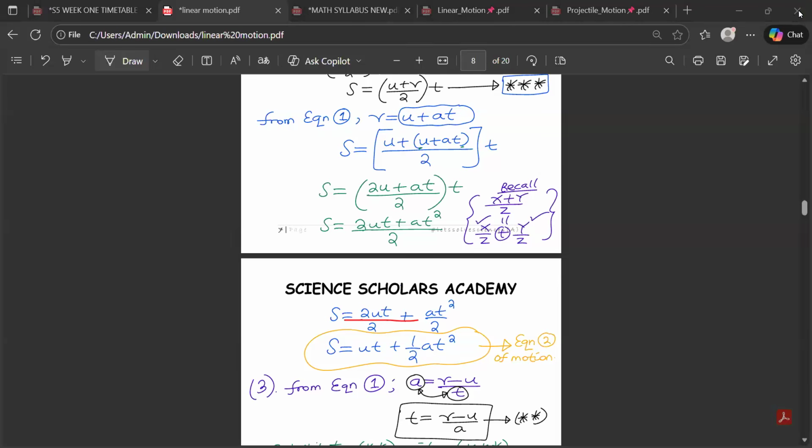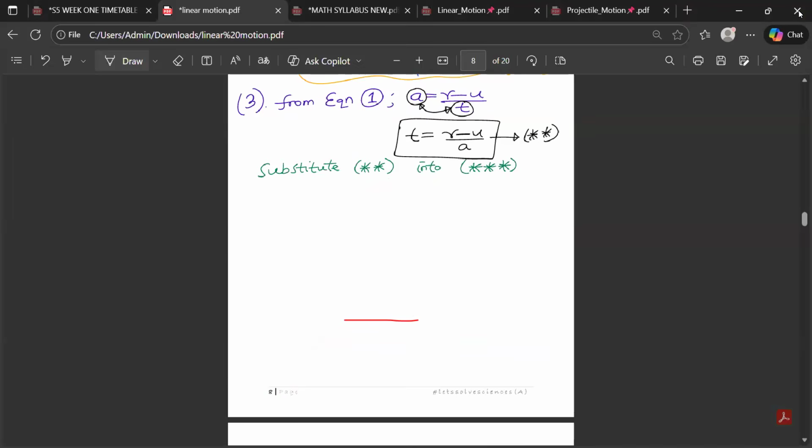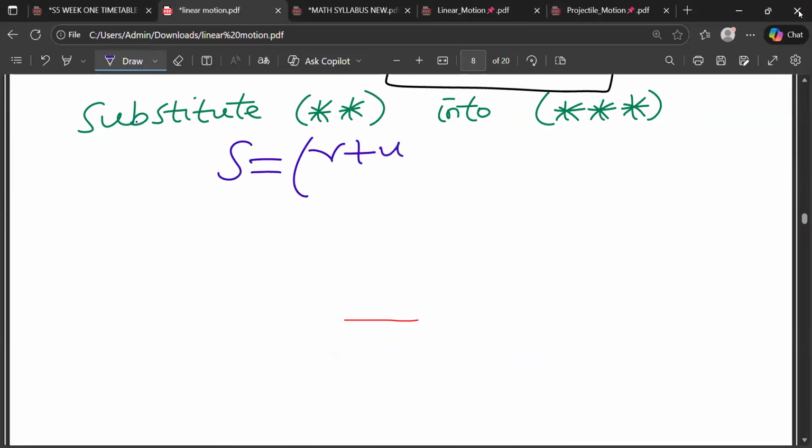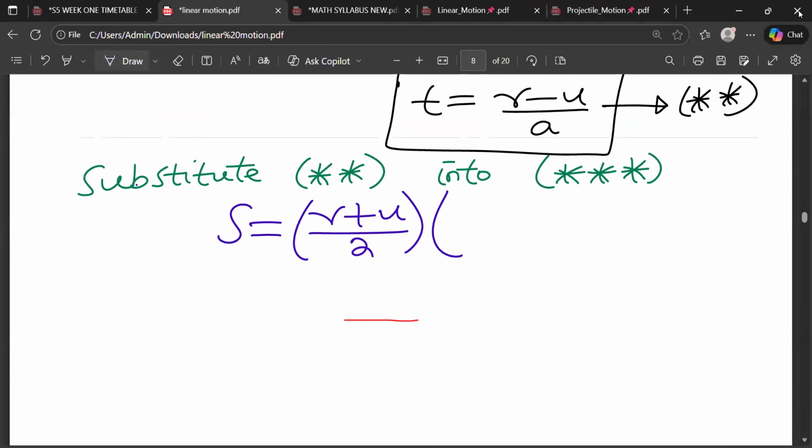So I'm going to rewrite the 3 stars. It was u plus v, but I'm writing v plus u, same thing. Then I'm removing the t, and I'm putting the one of v minus u all over a.